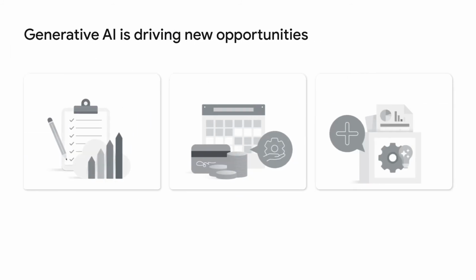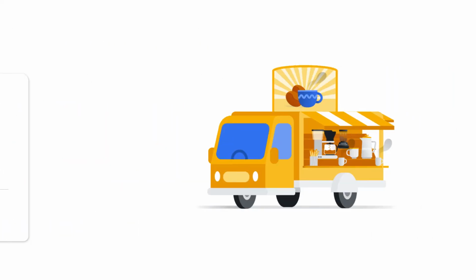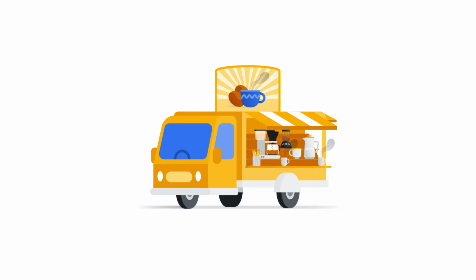Powered by the foundation models like large language models or LLMs, generative AI is driving new opportunities to enhance productivity, save operational costs, and create new values. You might have seen these opportunities from the use case about Coffee on Wheels in Module 1, where you use Gen AI capabilities to automate the marketing campaign, generate customer feedback, and optimize truck route.